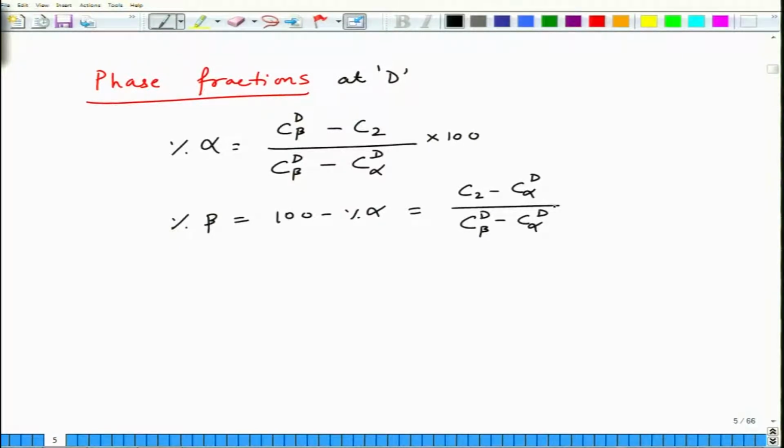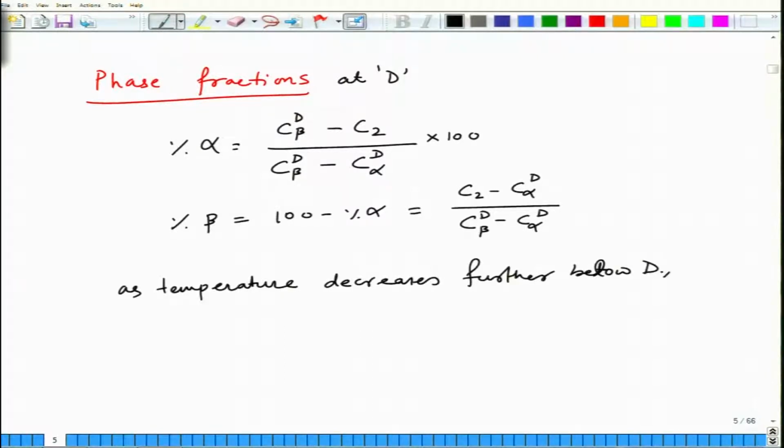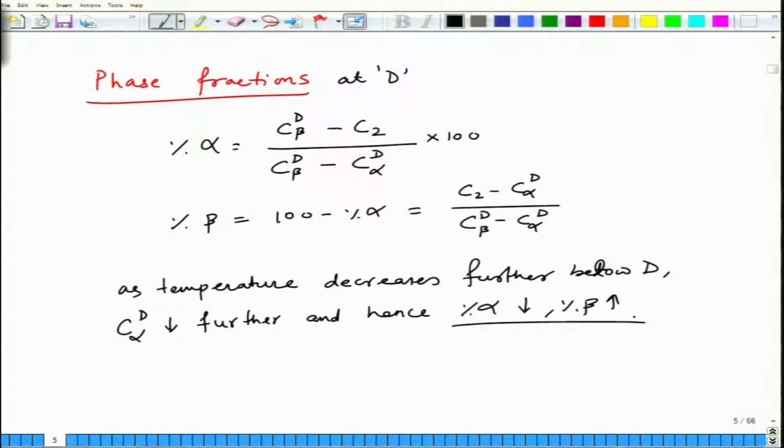So, as you can see that as temperature decreases further below D, you can see that C alpha D decreases further, and hence percentage alpha decreases and percentage beta increases, but the microstructure remains nearly the same.